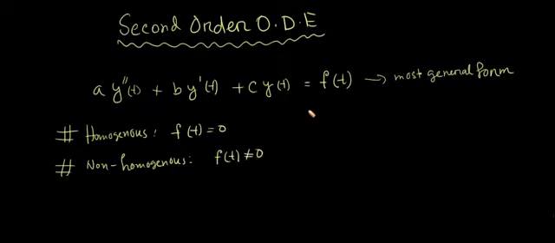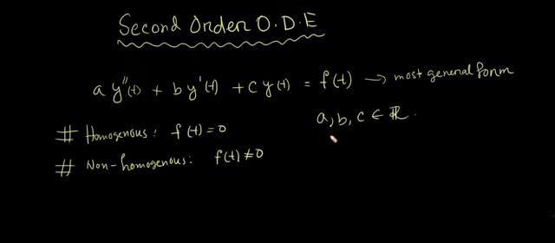And this can even be a constant number as well. It might not depend on t at all. So those will fall into the category of non-homogeneous equations. And if your f of t is 0, then that's a homogeneous equation. So first we would like to deal with this homogeneous equation, and then we'll focus on non-homogeneous equations. And also I would like to emphasize that these a, b, c belong to the set of real numbers.